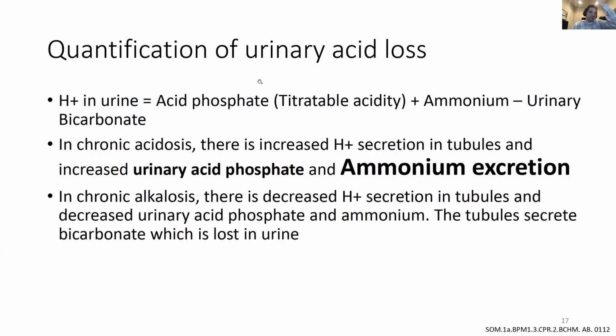So if you have respiratory acidosis, how do you compensate? Well, you pee out acid, right? You have too much acid in your blood because of the respiratory problem. Respiratory acidosis means you're hypoventilating, right? You're holding on to carbon dioxide, so you get respiratory acidosis. So what's the kidney going to do? You're going to pee out acid, right?